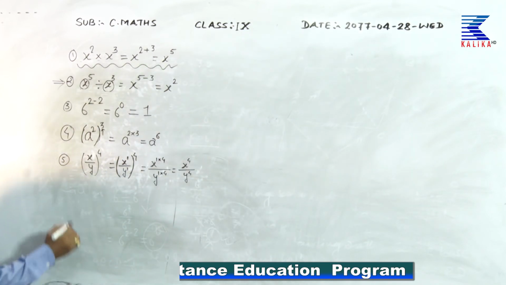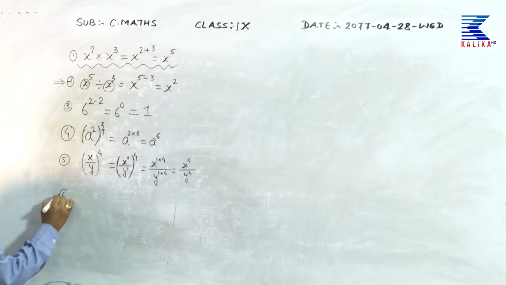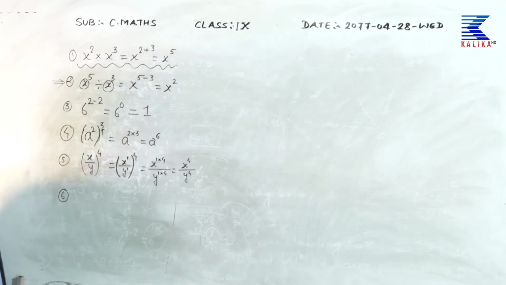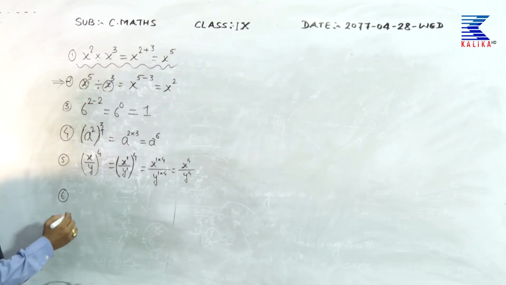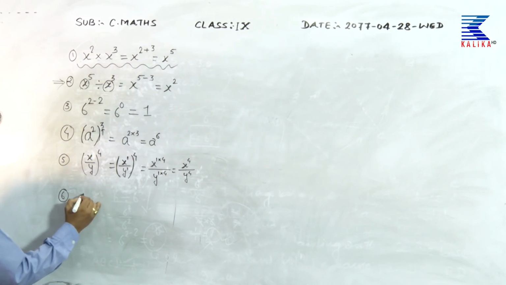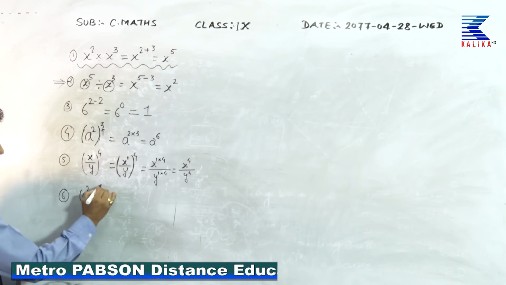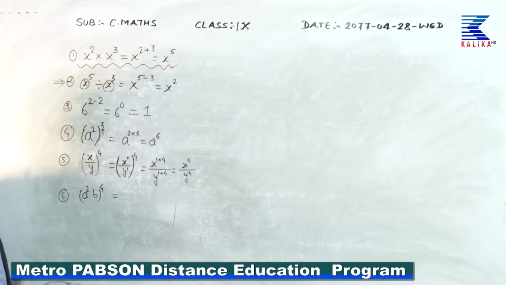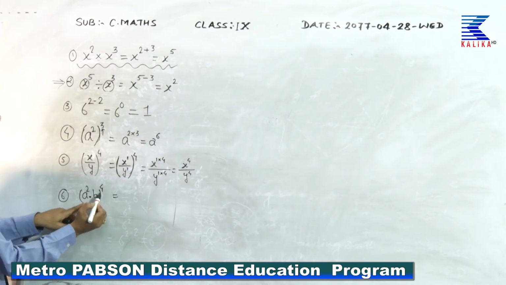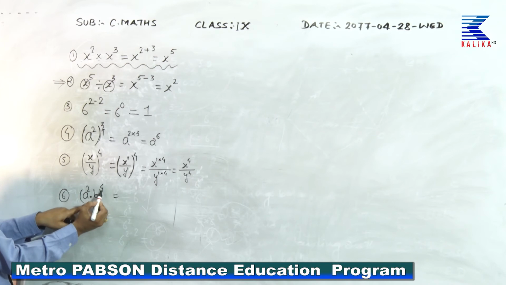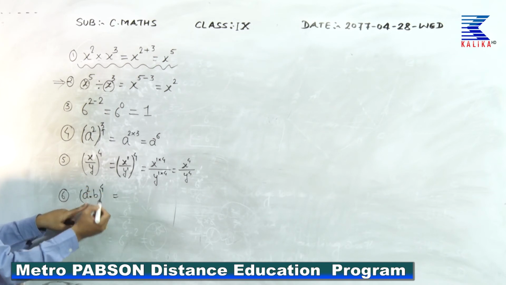So, next one, sixth one, let us see in PIP also. a square dot b to the power 4. In this case, look here again, this dot represents the sign of multiplication. We share this power. This is also the case of raising a power to a power.